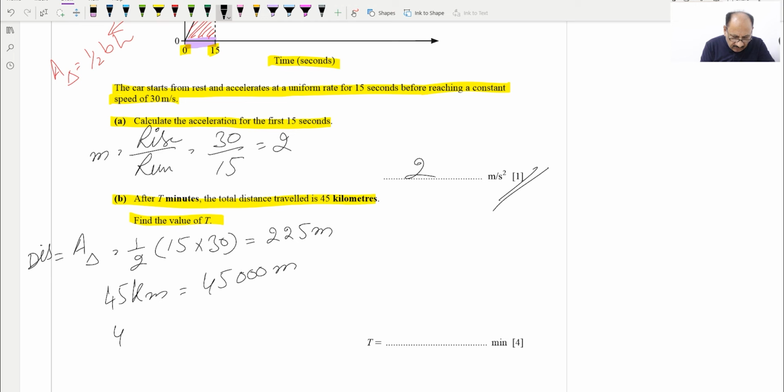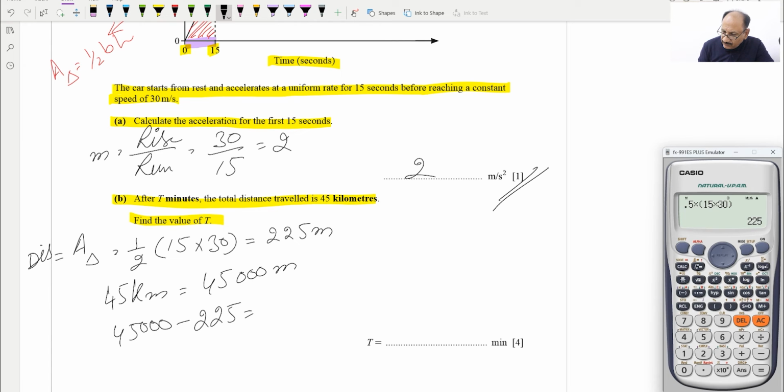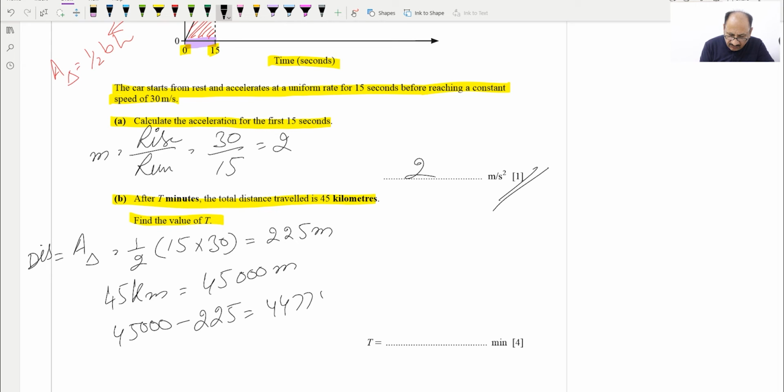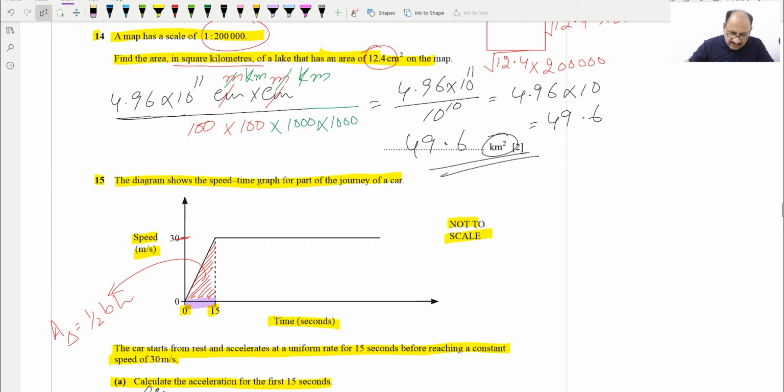So we can write 45,000 minus 225, that will give us the remaining area, and 45,000 minus answer will give us 44,775. This is area, and this is area for which portion?